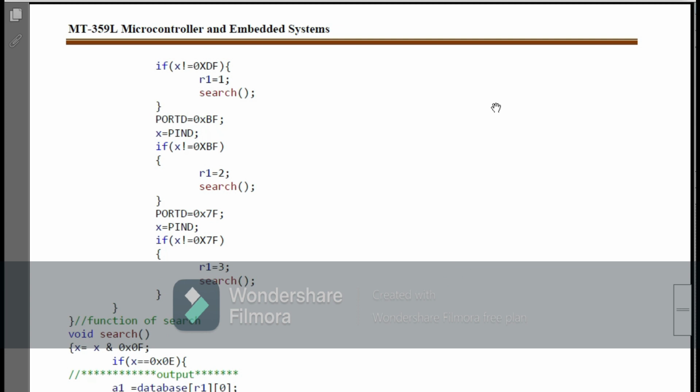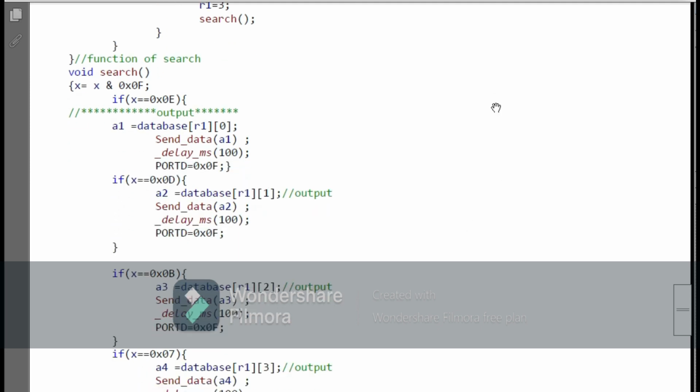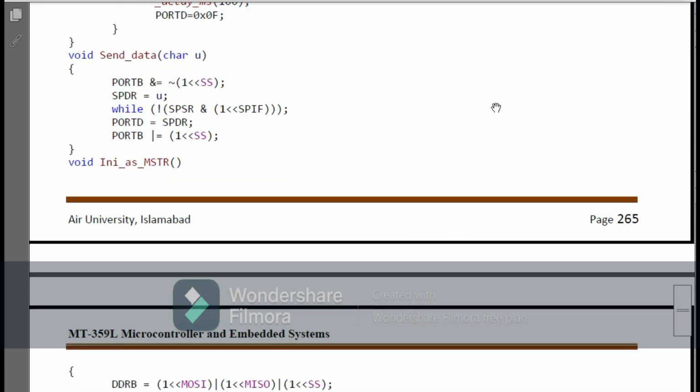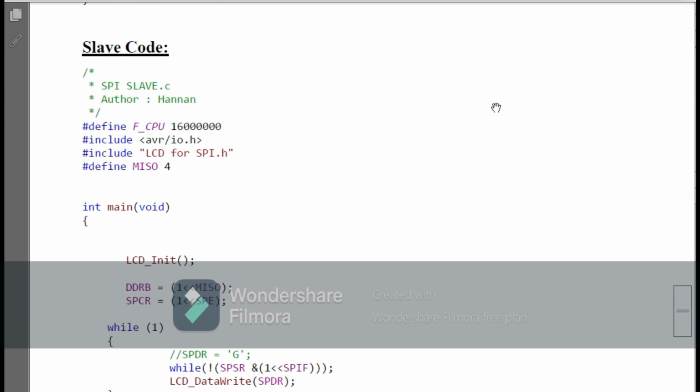And then here I have other if conditions to write the code and perform the basic operations that I am going to use. And here you can see the send operation, send any data into this, and there you can see the slave code. Basically the slave code works whenever the master code is updated.